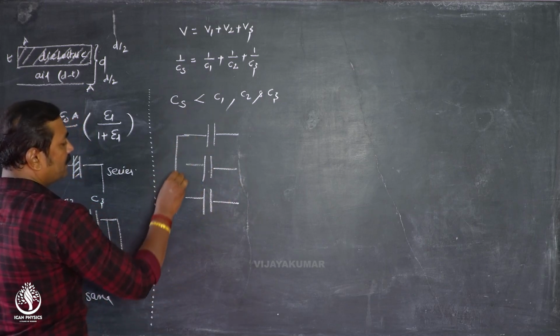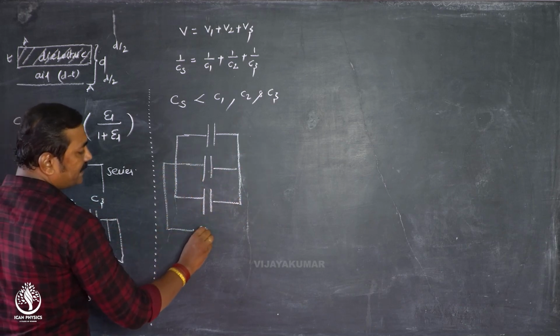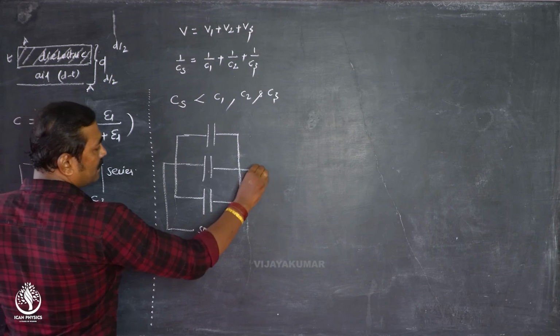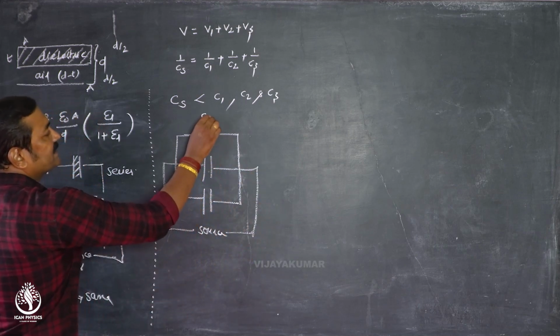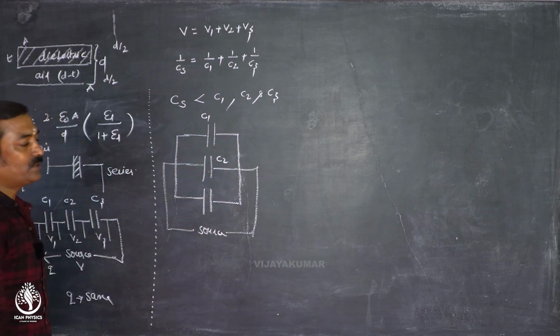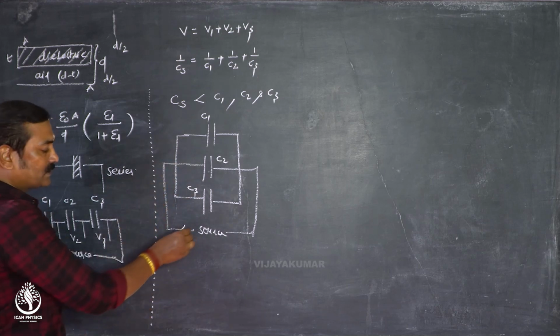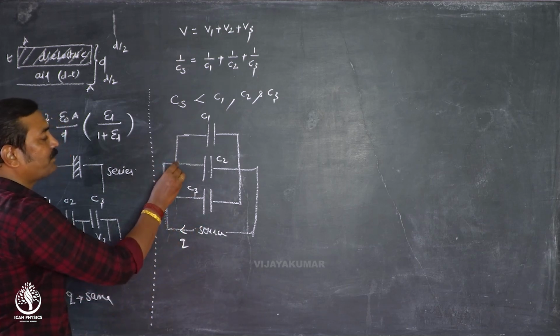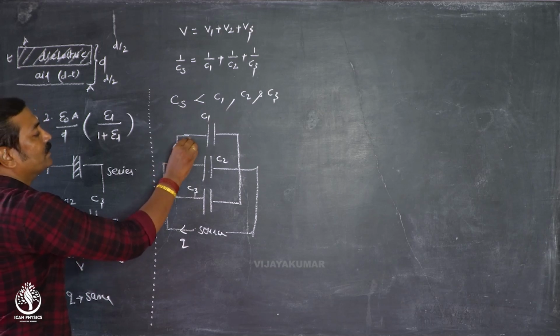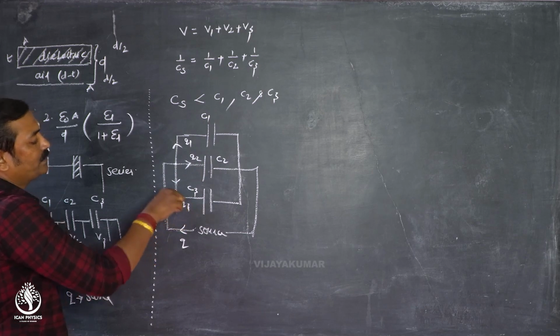On the other hand, we can connect the capacitors in parallel. When these are connected with the source, the capacitance of the first one is C1, the second one is C2 and the third one is C3. From the source, the charge is flowing. When it comes to this point, it is split into Q1, Q2 and Q3.